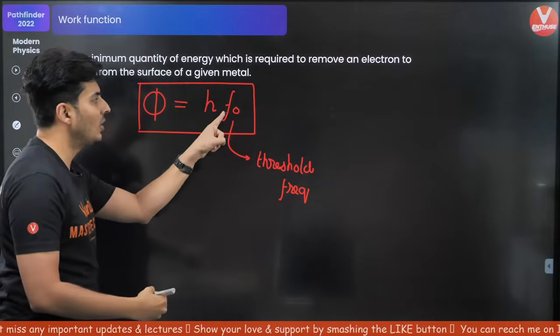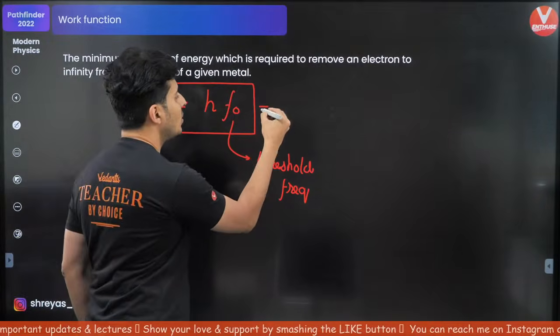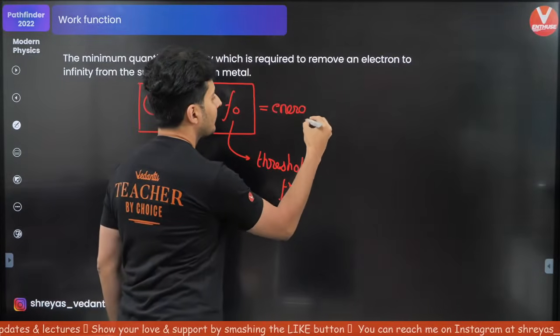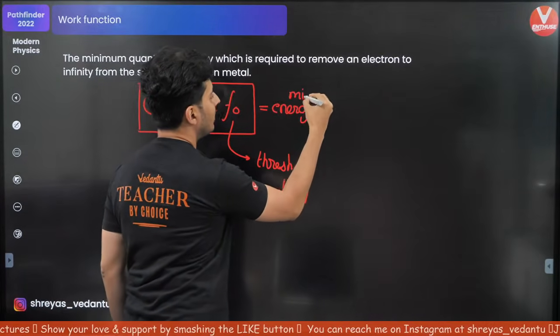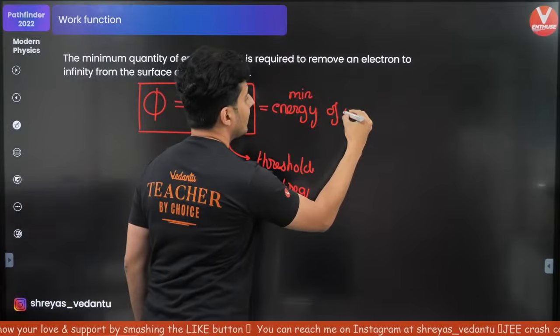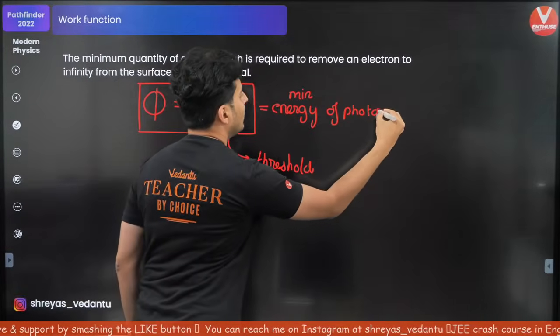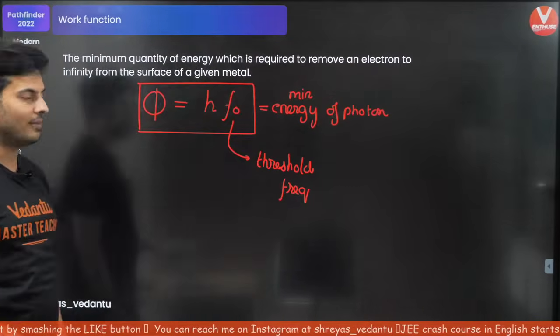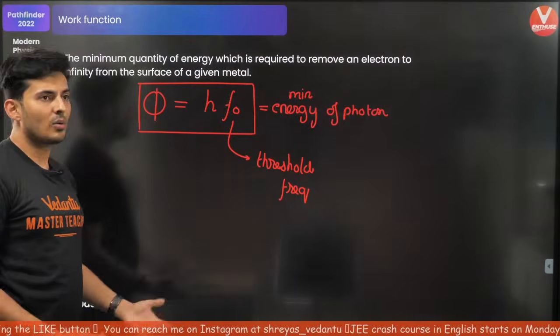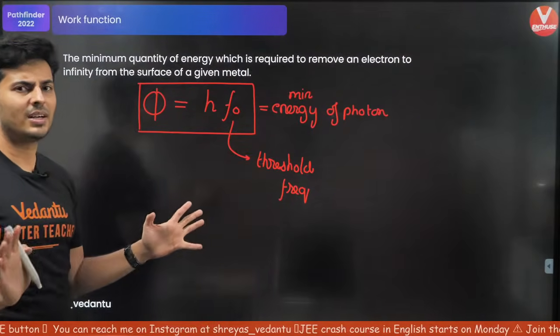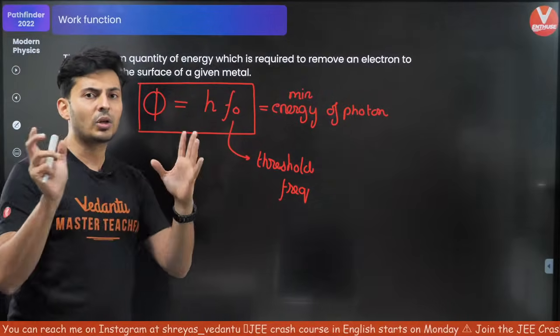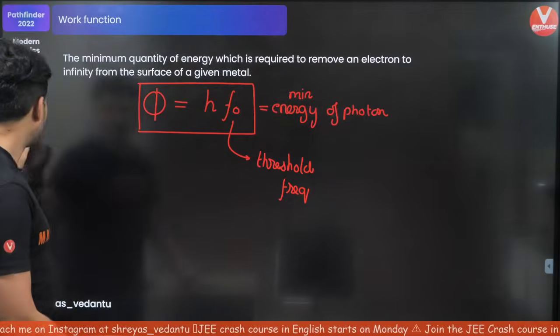So that hf naught will basically give you the minimum energy of that photon required to start the photoelectric effect. Hence, that is called the work function. Usually work function is expressed in electron volt, so you can do that as well.